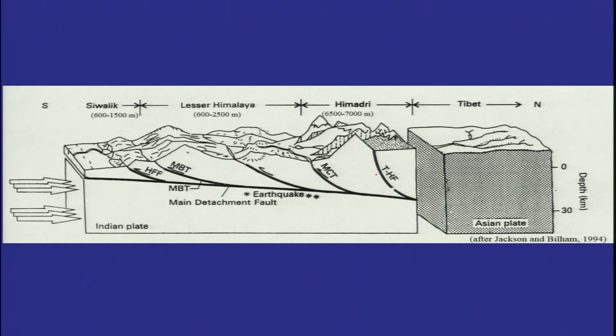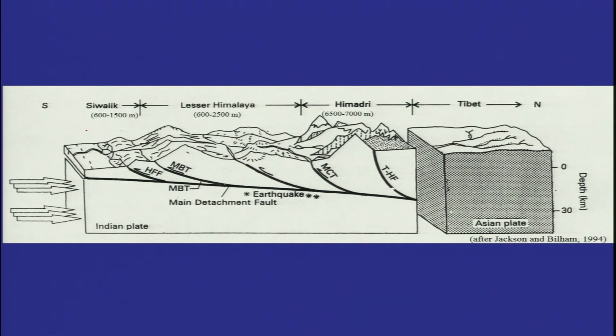So we have the Indus-Tsangpo suture zone, and then we have the MCT. When the MCT was developed, we never had this fault system in the frontal part. So this was the frontal fault, and then progressively what we see is that deformation has moved towards the foreland.